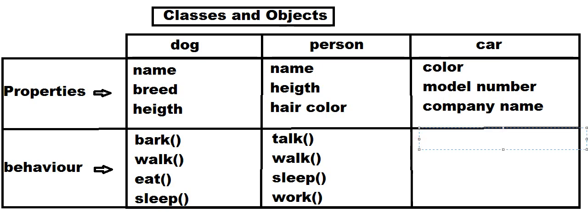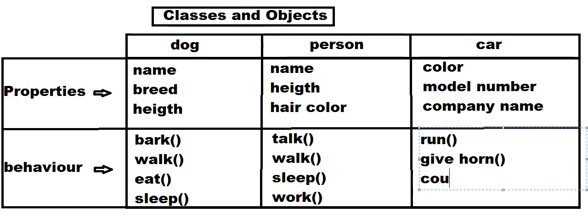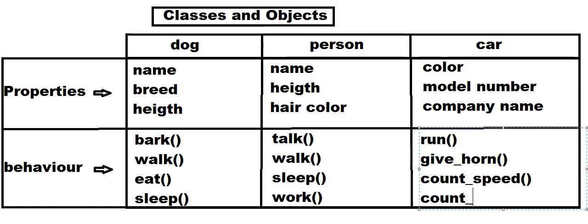A car can run, it can give horns, and it can count speed. Also, it can count the petrol present in it or diesel present in it.